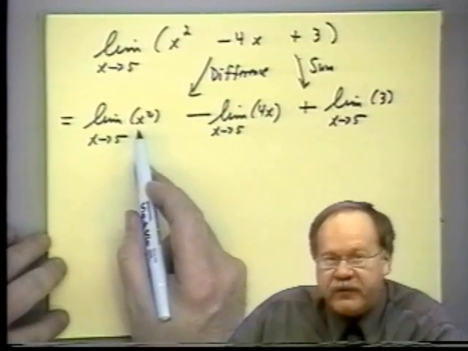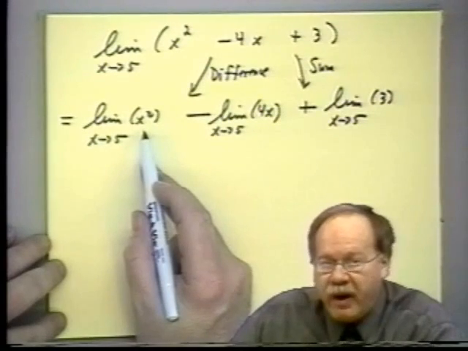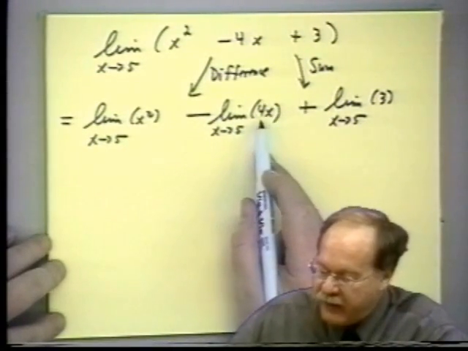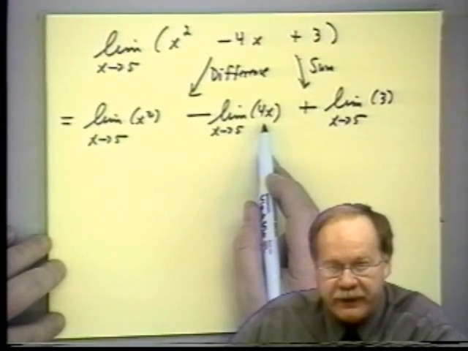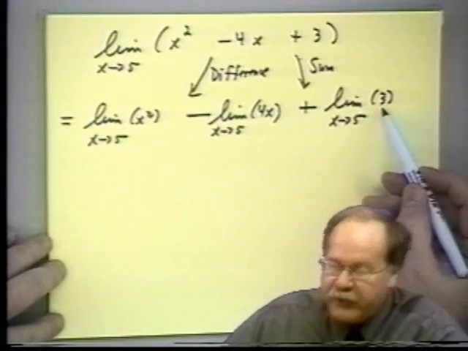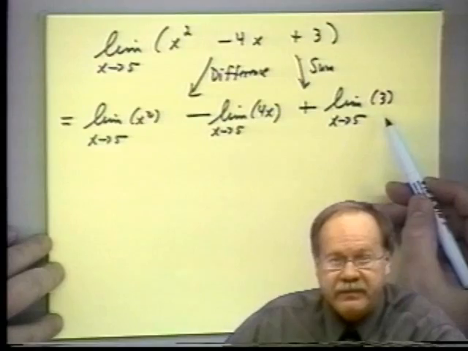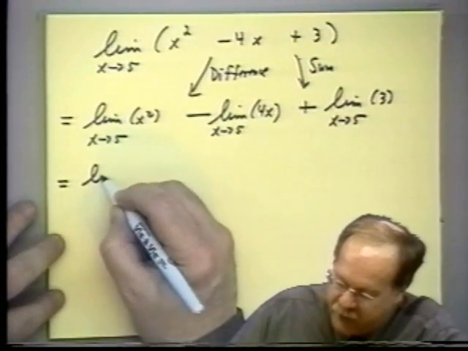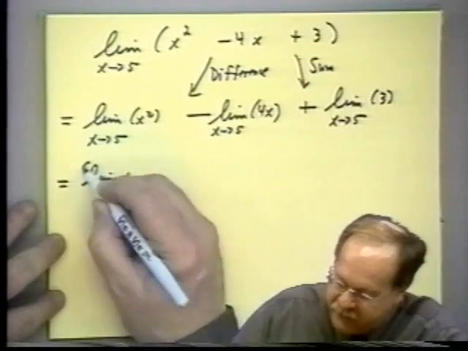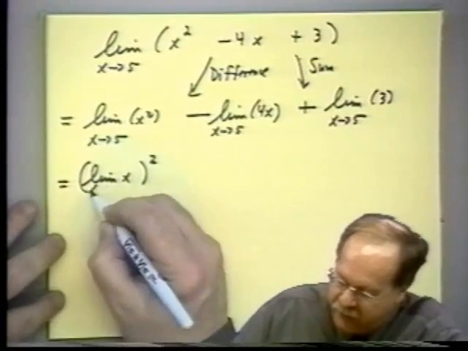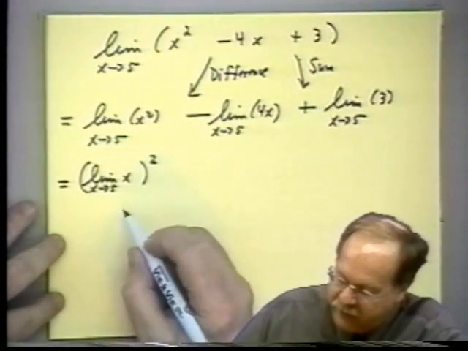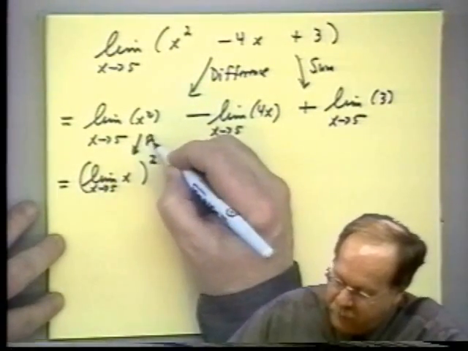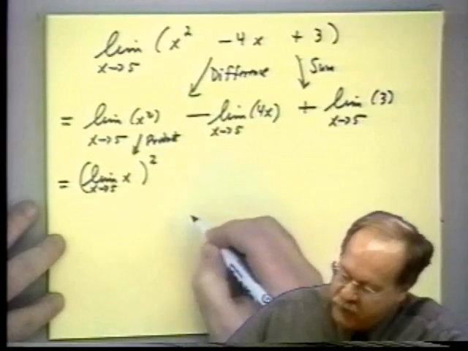Now, in this first limit we see we have x squared, that is a product, so we'll have to think about the product property. Here we have another product, we'll use the product property again, and 3 is a basic limit, so we can take that limit immediately. So now we will have the limit of x, quantity squared, as x goes to 5, because that's a product and that's how the product rule we learned works.